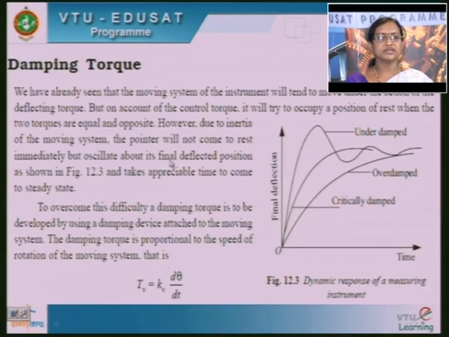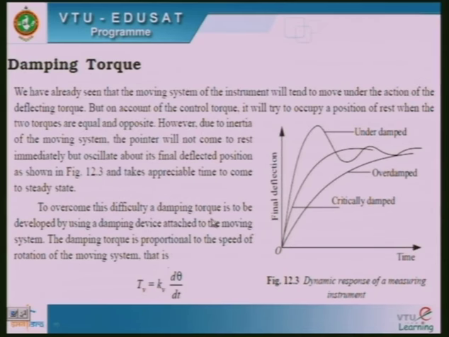Now you see the damping torque. Here there are 3 conditions mainly. We consider the damping ratio, usually with the symbol zeta, to judge whether it is under damped, over damped or critically damped.